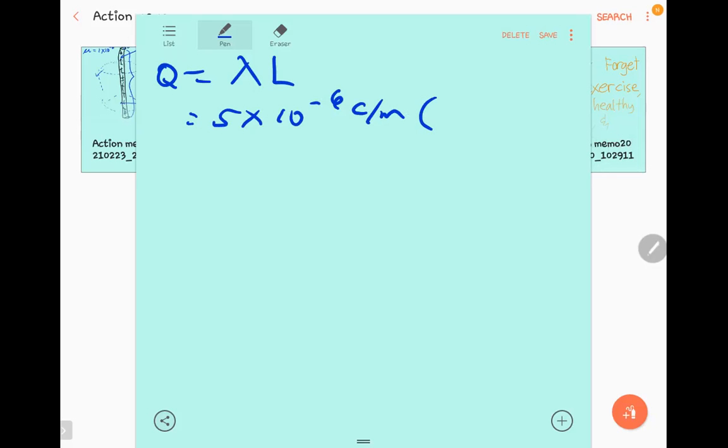Okay? It is density. And then multiplied by the length, how long is the wire being solved, that is 2 meters. So easy. How to multiply those? It will just become 2 times 5 is 10 by 10 raised to negative 6 coulombs. Okay, why only coulomb is because meter and meter will be cancelled.